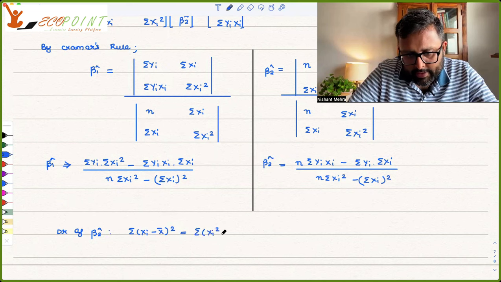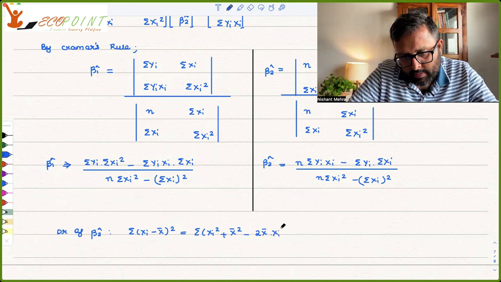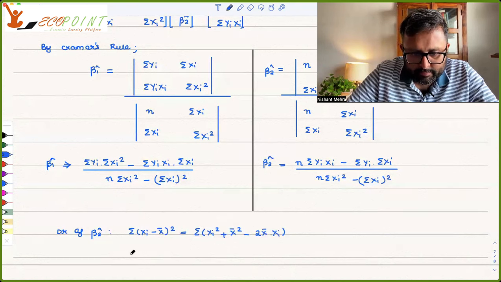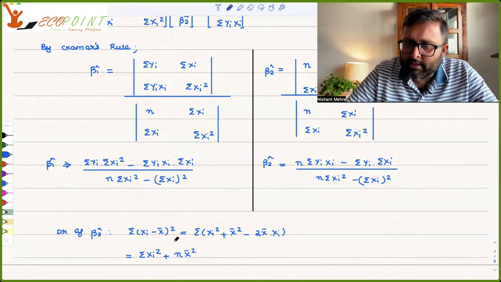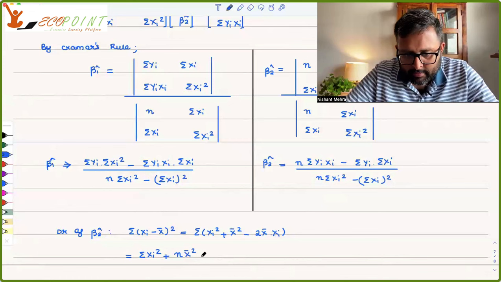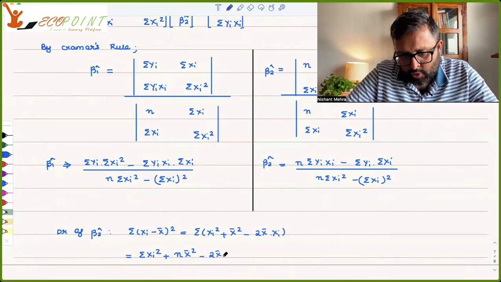Summation of xi square plus x bar square minus 2 x bar xi. So this becomes summation of xi square plus n x bar square, because x bar is a constant, minus 2 x bar summation of xi.